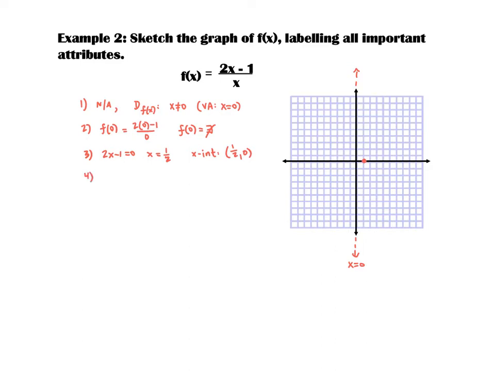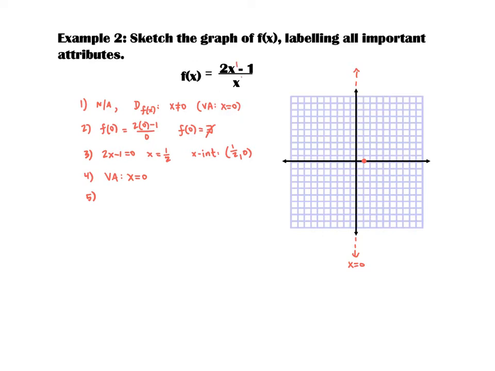Number 4 asks us to find the zeros of the denominator. This is going to help us find the vertical asymptotes and holes, which we've already done. So the zero of the denominator is at x equals 0. Number 5 asks us to find the horizontal asymptotes. So we look at the degree of numerator and denominator.